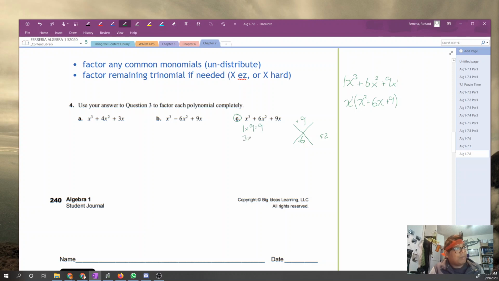That's 3 times 3, and that does get me a 6. 3 plus 3 equals 6. So we'll put a 3 here and a 3 here. And since this is the easy method, I'm done factoring. That's x plus 3, and then another x plus 3, or x parenthesis x plus 3 squared. Okay, that's factoring completely.